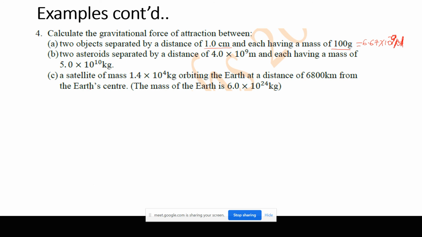Okay, part B. You have two asteroids separated by a distance of 4.0 times 10 power 9 meters, each having a mass of 5.0 times 10 power 10 kilograms.